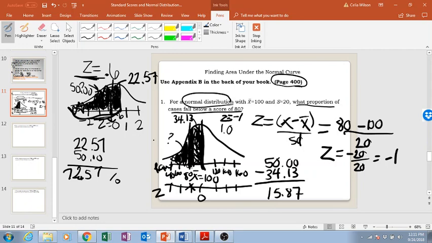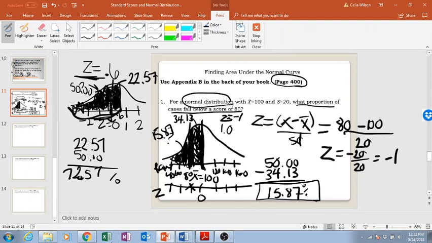Okay, so this is 15.87. All right, so what proportion of cases fall below a score of 80? That's going to be 15.87. You can think percent, or you can just think proportion like they're asking. All right, so 15.87. Okay.